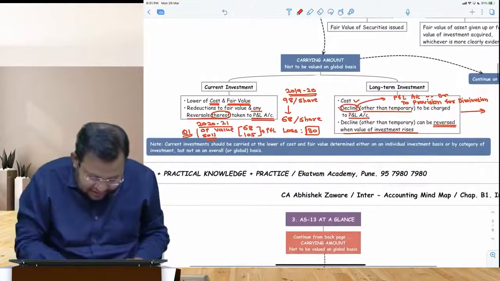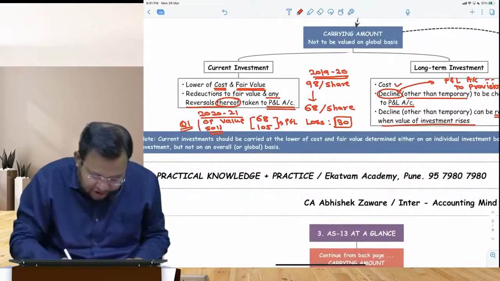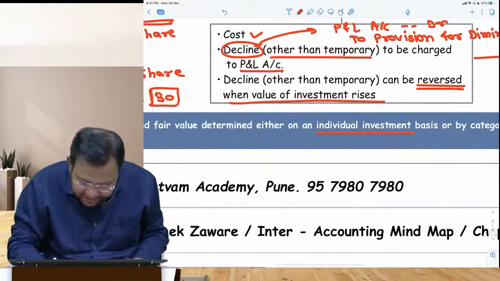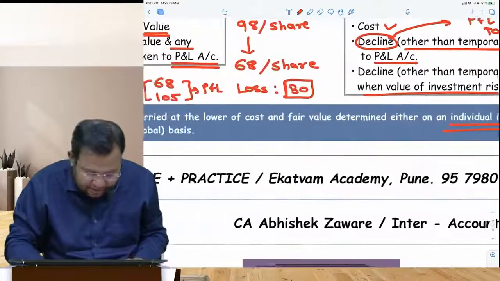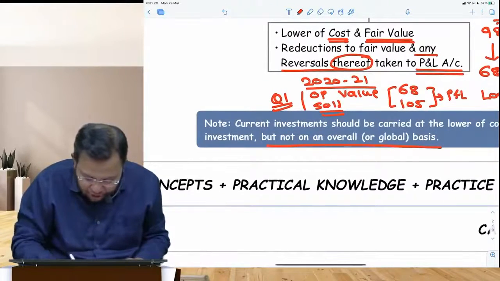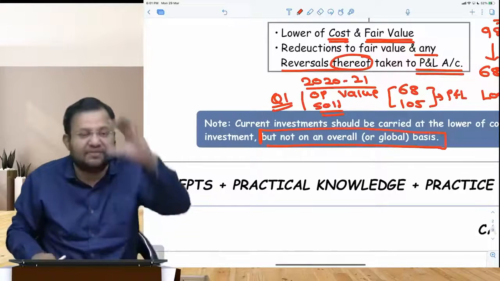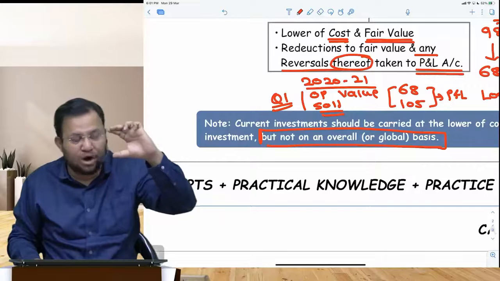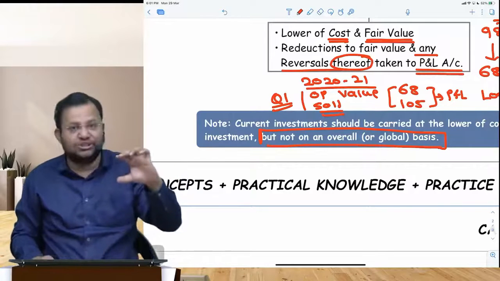Current investment cost or fair value should be determined either on an individual investment basis or by category, but not on an overall basis. So you have equity shares, you have government bonds, you have corporate bonds.